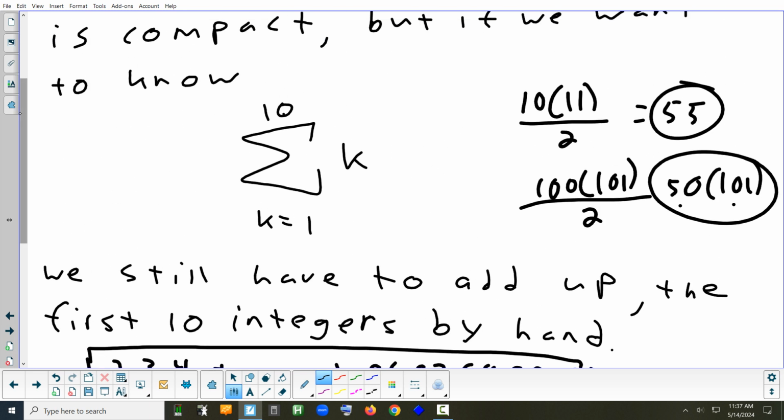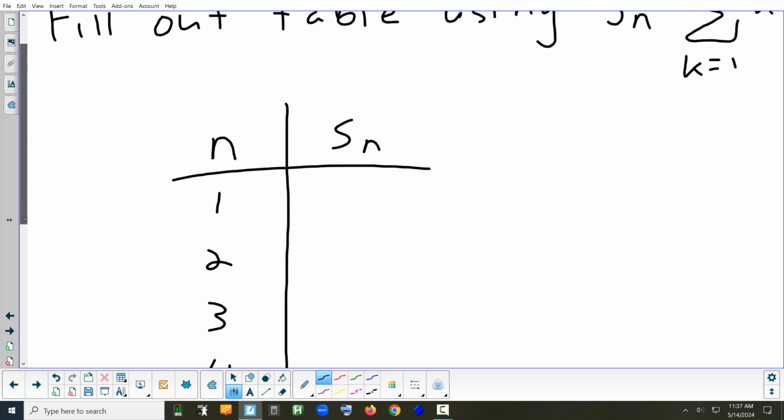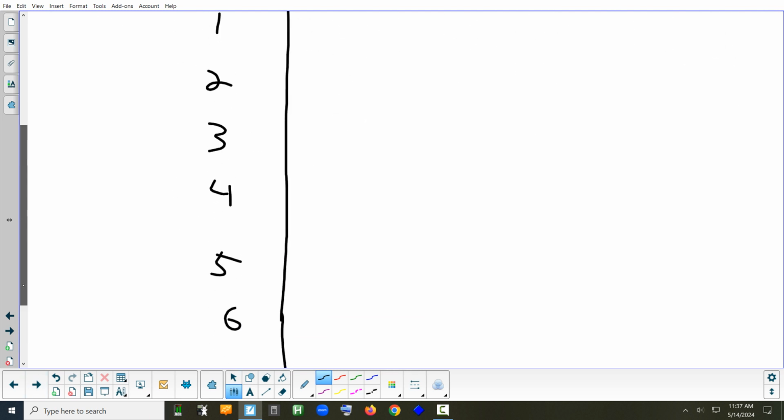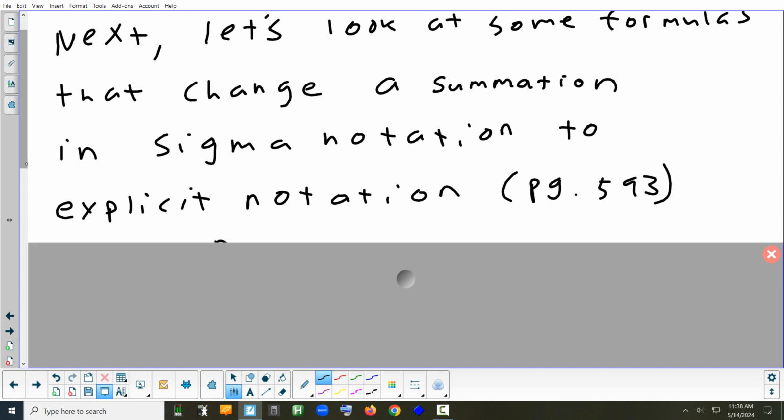So how did I get this though? 100 times 101 divided by 2. Where did that come from? Well, that's what I'm going to show you. We're going to finish up by looking at some formulas that allow us to get rid of the sigma.